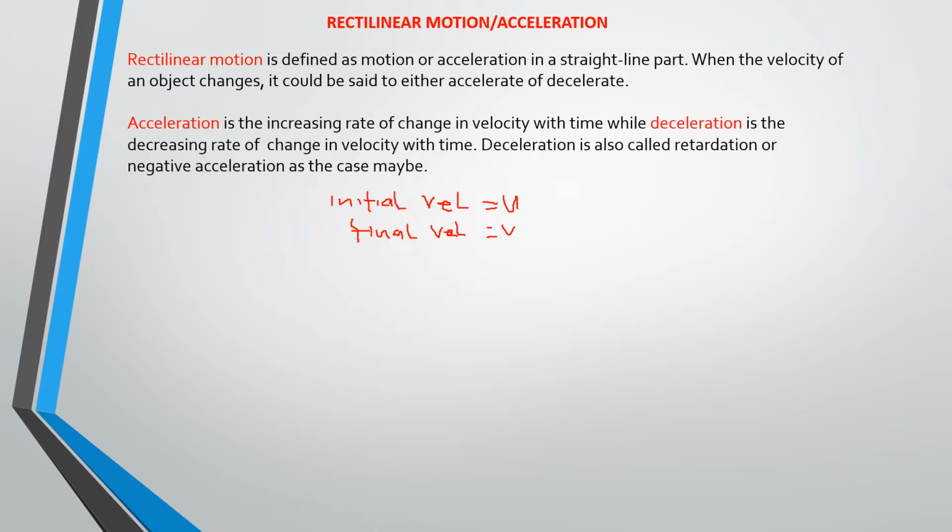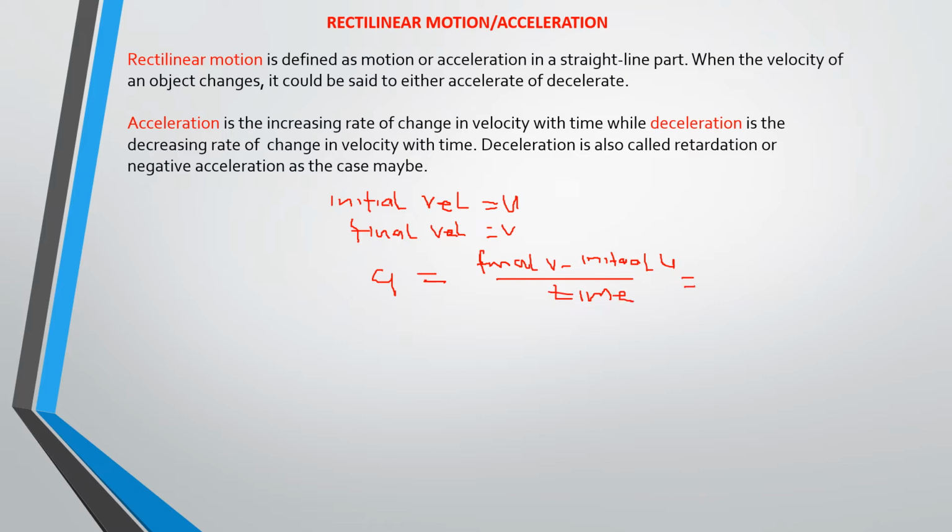acceleration is the change in velocity. Acceleration a is equal to the change in velocity, which is the final velocity v minus the initial velocity u, all over the time taken, because acceleration is given as change in velocity over time taken.